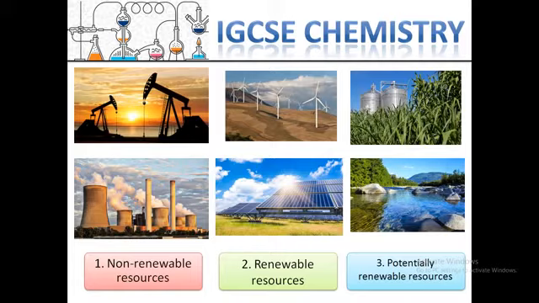Potentially renewable resources: at the top left picture you can see there are some factories or places which store dead animals or dead plants. The waste plants after farming, there are many leftover plants, the dead bodies of the plants.